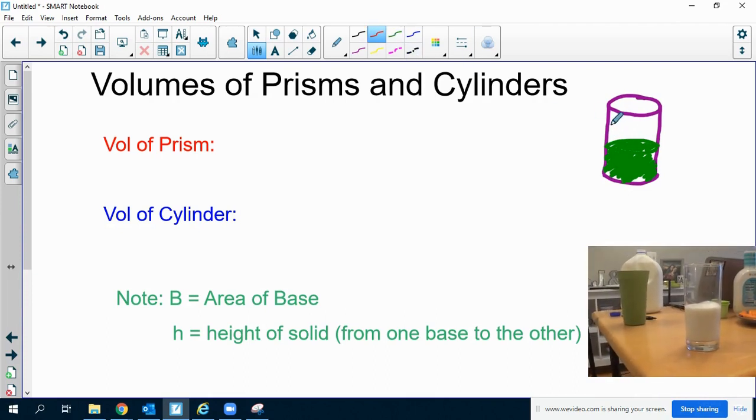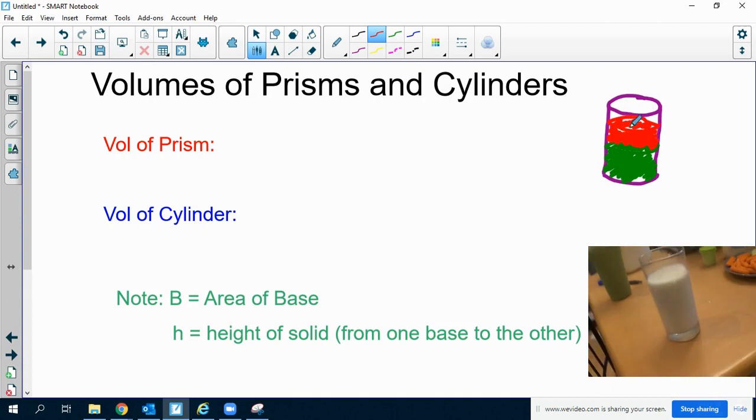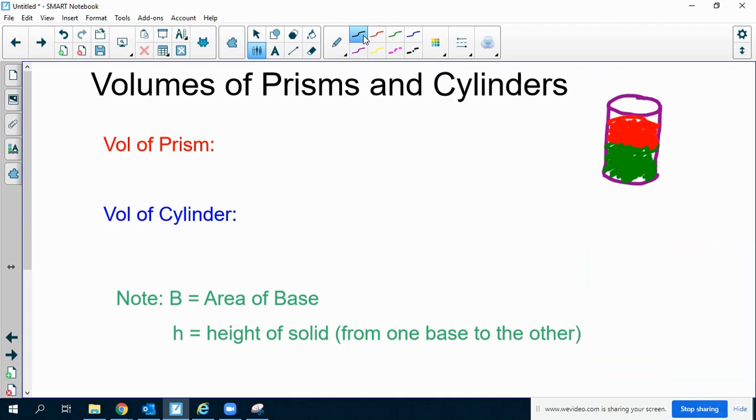Then let's say I pour in another set of water, maybe dyed red, and that's on the top, and there's some sort of way where I keep the red and the green separate. But what I would notice is that the top of this would also look like a circle. So no matter where I stop, it's all a bunch of circles.